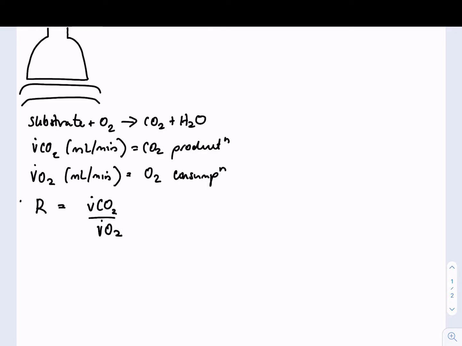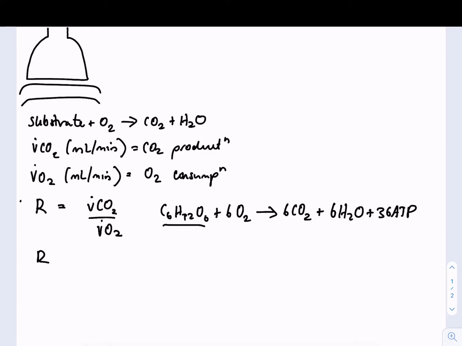And remember, for pure glucose, remember the equation that was C6H12O6 plus 6 moles of oxygen consumed for every 6 moles of carbon dioxide produced, and water, and remember that generated 36 ATP molecules. And so the respiratory quotient using glucose as a fuel was 6 per 6, which equals 1.